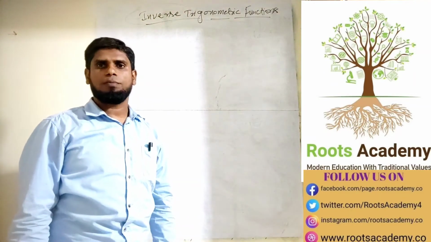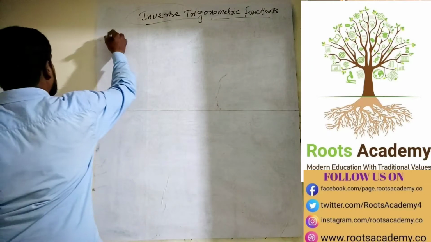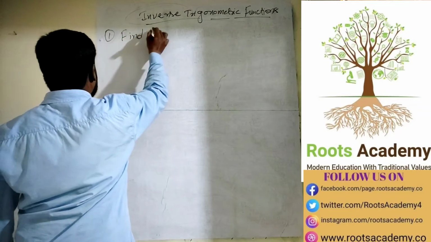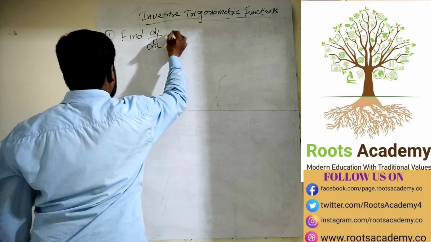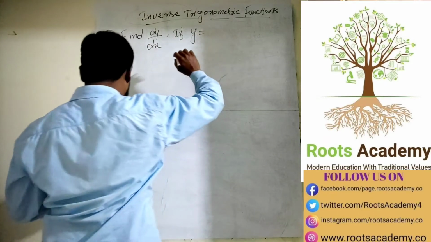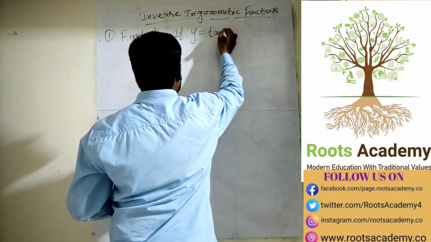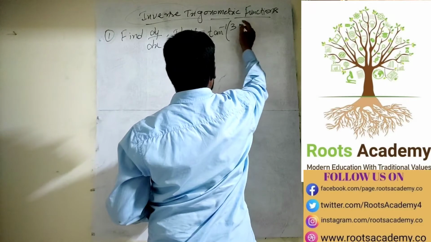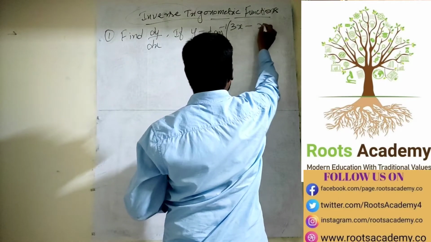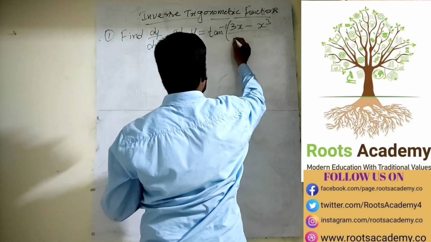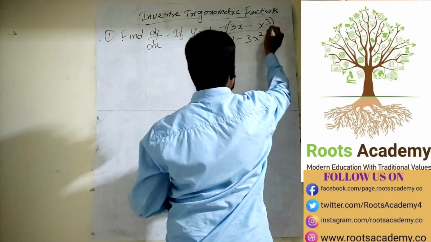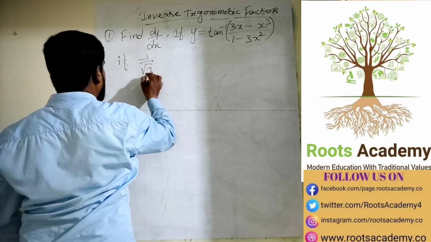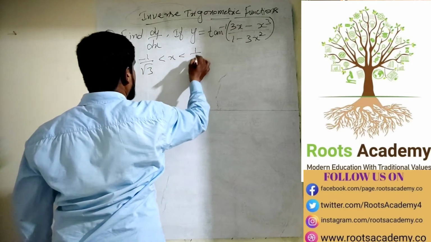Okay, students, now let us go to the problems. The first problem is: find dy by dx if y is equal to tan inverse of (3x minus x cube) divided by (1 minus 3x square), if minus 1 by root 3 is less than x less than 1 by root 3.